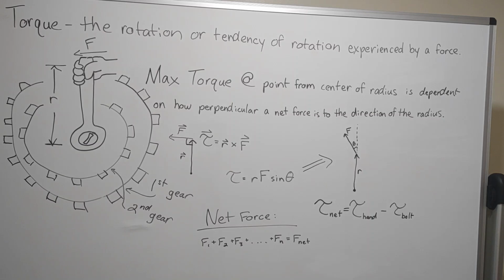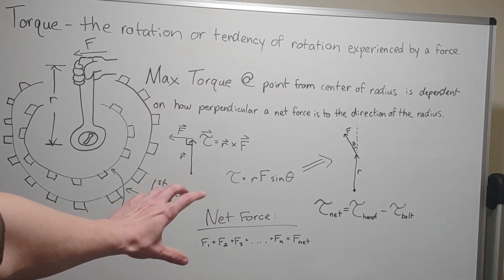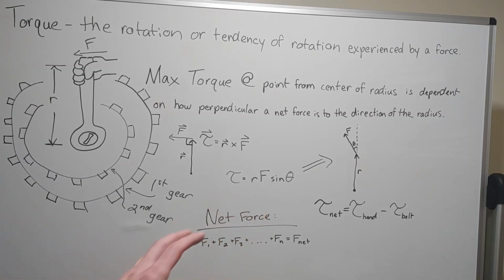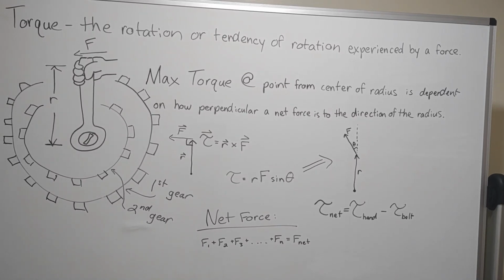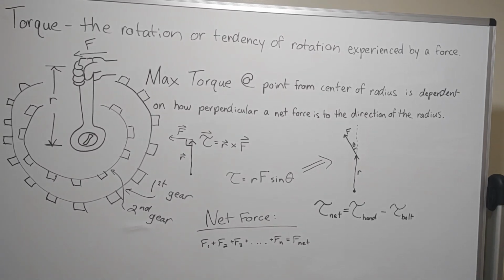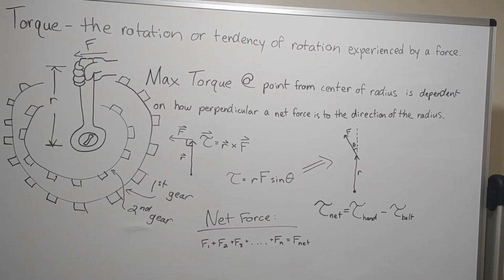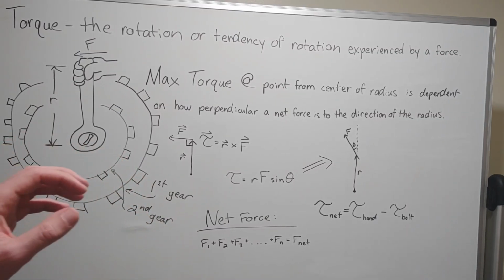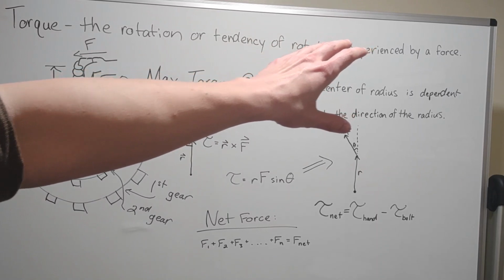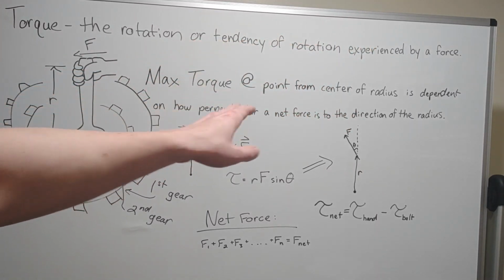At one point you may have heard me talk about net force. So net force is the amount of forces put on an object, and that net force is the total amount of force that is experienced by the object. So let's think of an example here. You know those games where you have the rope and a bunch of people on one side, a bunch of people on the other side, and there's a flag in the middle?